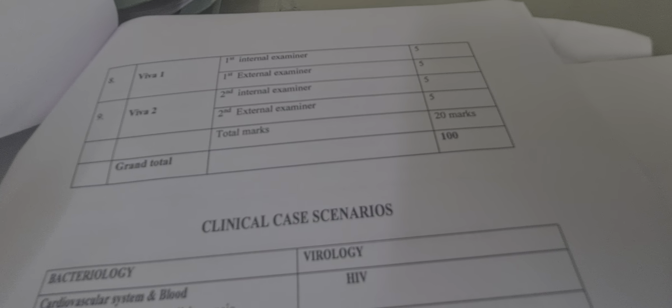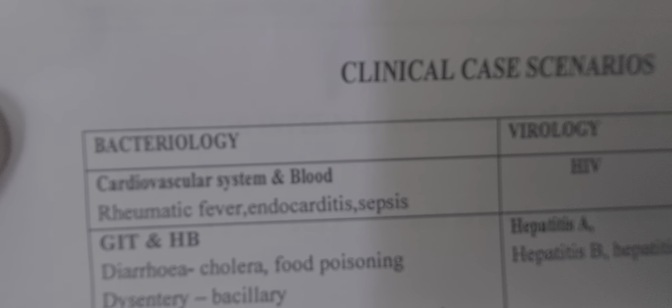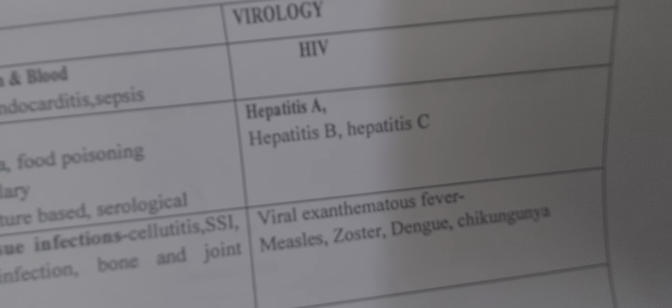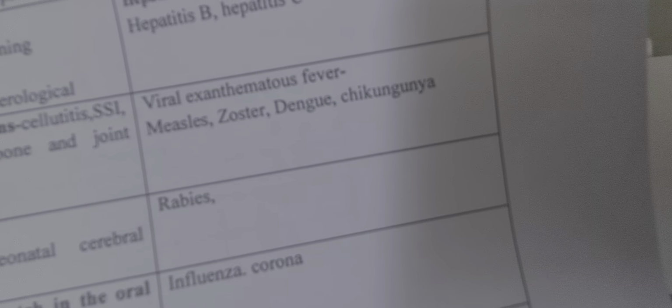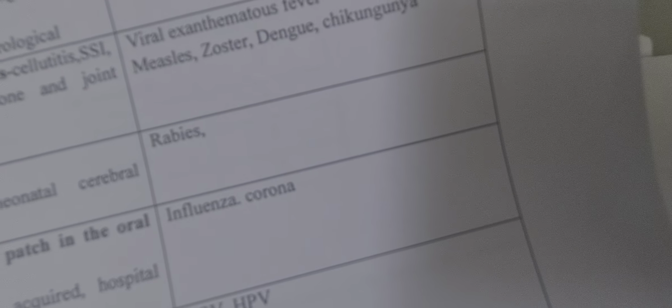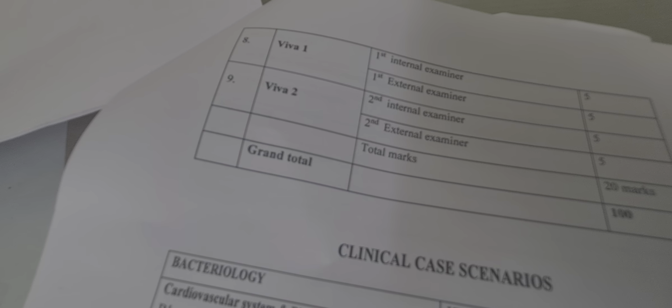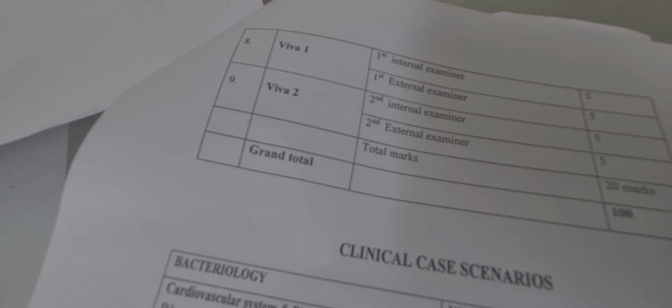So these are the various clinical scenarios now. One is HIV, the second one is hepatitis A and B, and measles, chickenpox, dengue, and chikungunya, the viral exanthemata, and dog bite, influenza virus, herpes simplex virus, papillomavirus, parasitology, amoebic dysentery, and these are all clinical scenarios.